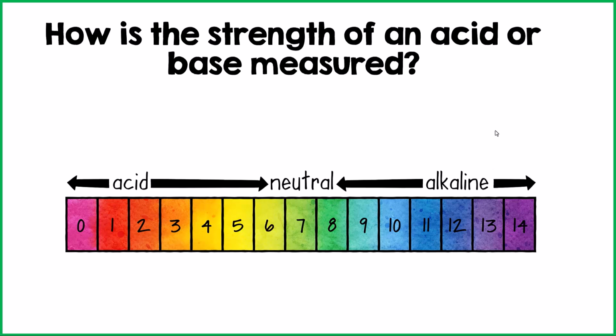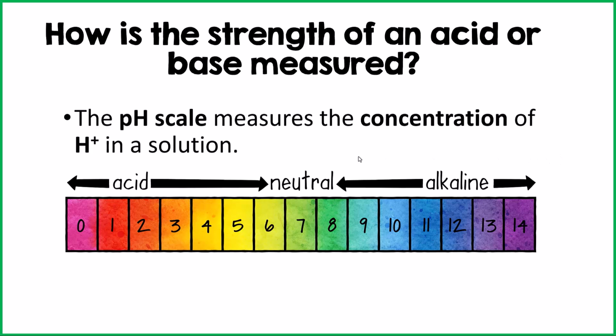How is the strength of an acid or a base measured? The pH scale measures the concentration of H+ or hydrogen ions in a solution. And so this is our pH scale here. It ranges from 0 to 14. Neutral solutions, like water, are found at 7.